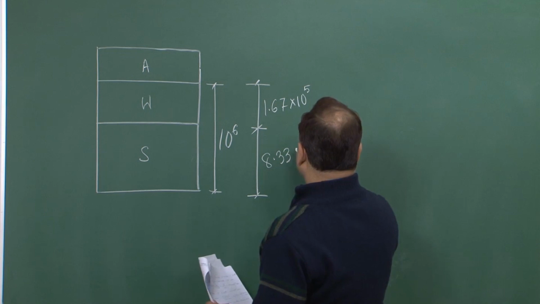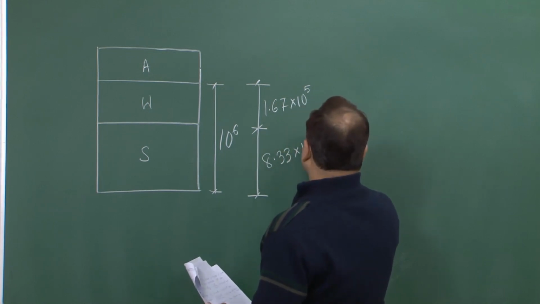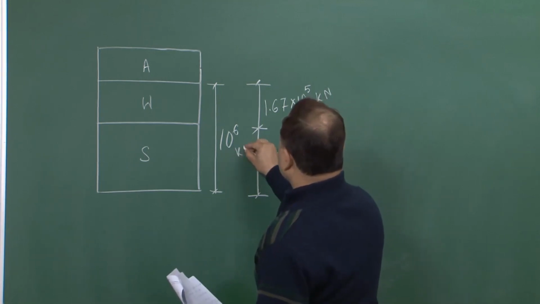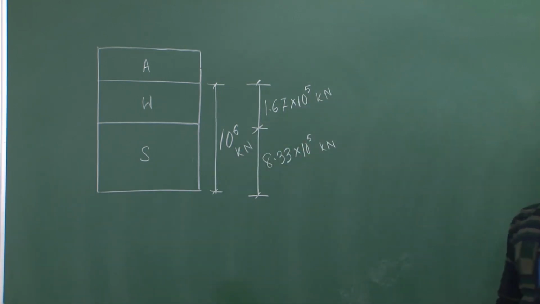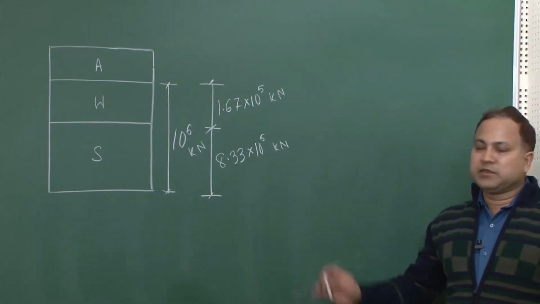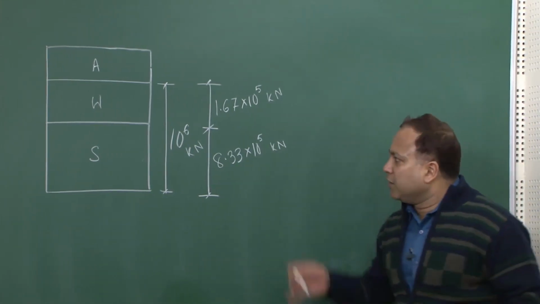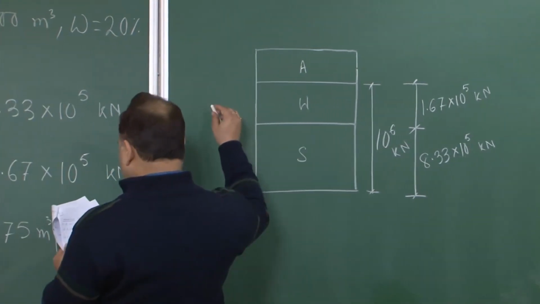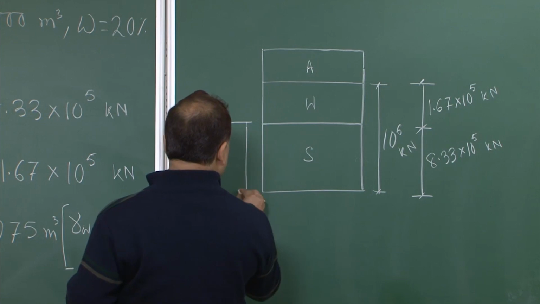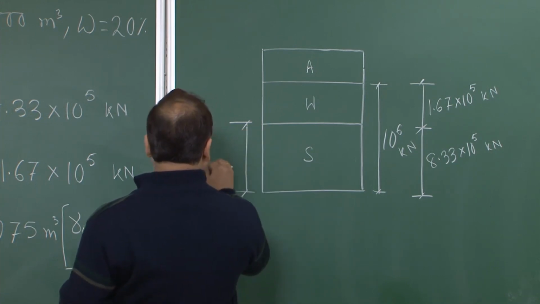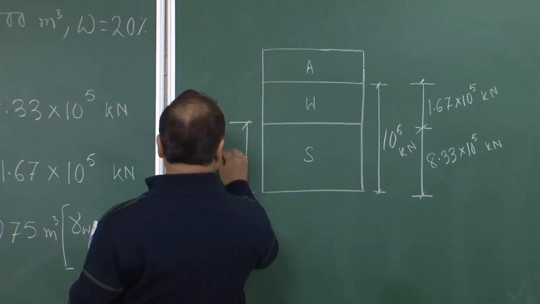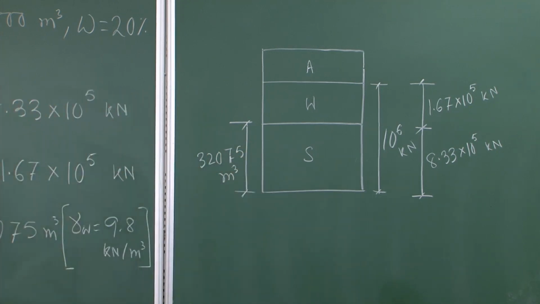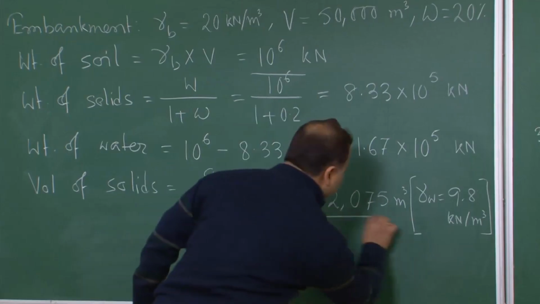So, all are in kilonewton, okay, and this is coming as 10 to the power 5 kilonewton, let us write that down. This is the phase diagram, as air does not have any weight. So, this is the weight axis. Now, if you plot it for the volume, this is 32,075 meter cube, that is the volume of solids.